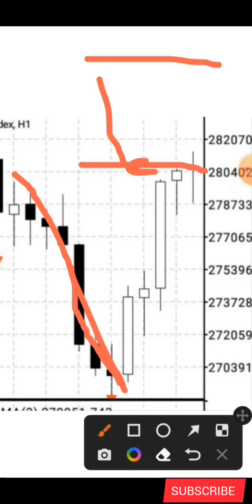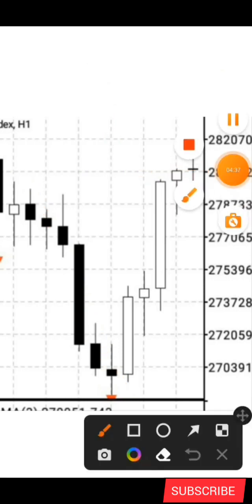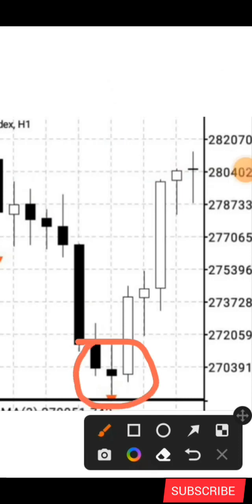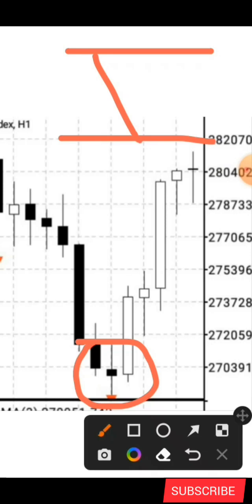What you need to do is wait for this candle pattern to show. Whenever you see this candlestick pattern appear, and you see that on your indicator window price has gotten to the overbought level too, what you need to do now is to wait.